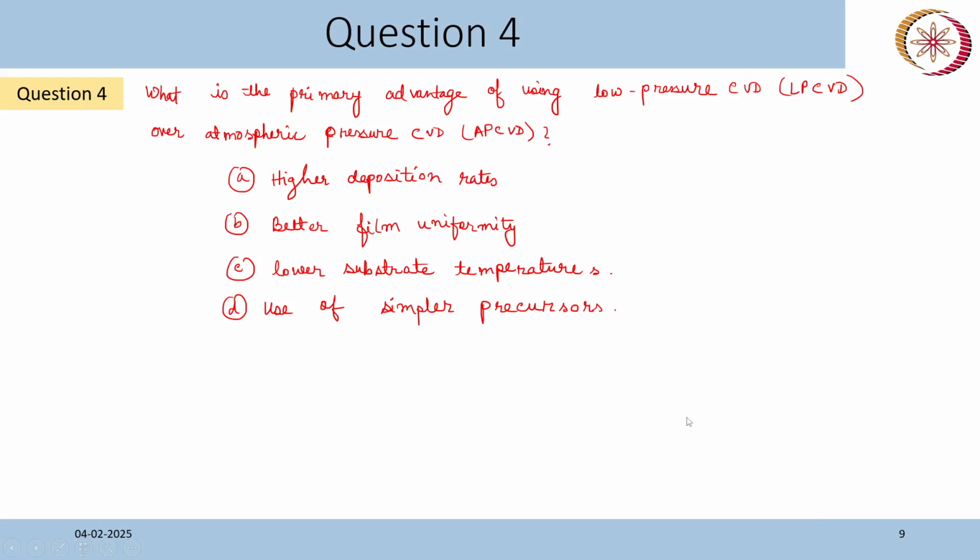Okay, so let me write down the answer. The answer is correct. So the correct option is B, better film quality, better film uniformity. So what happens in CVD?